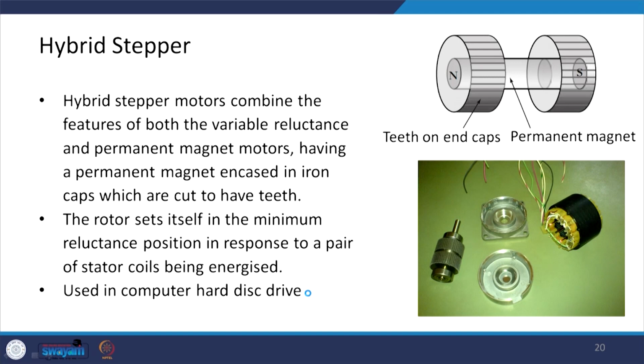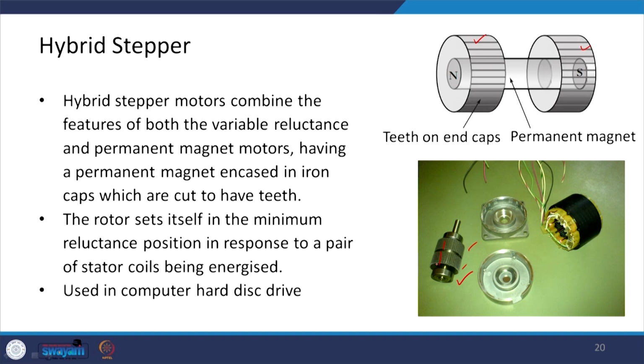There are teeth in the cap basically to provide the variable reluctance. So, basically the same principle is used as the variable reluctance motor, and you can see the exploded view here. Basically this is the rotor, and you can see the end caps over here and there are teeth there.